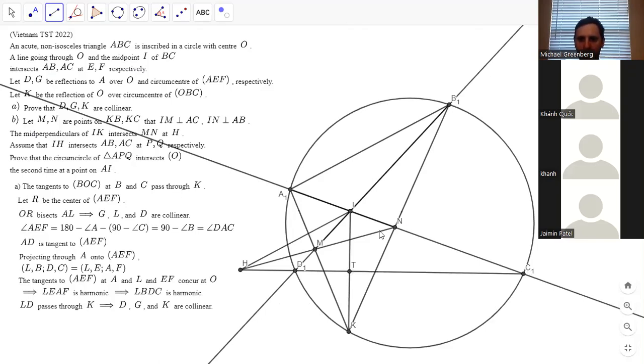Basically, C1I is C1K and D1I is D1K, both by the in-center/excenter lemma. So the perpendicular bisector reminds me of that, and then we need to prove that IH is parallel to A1B1.